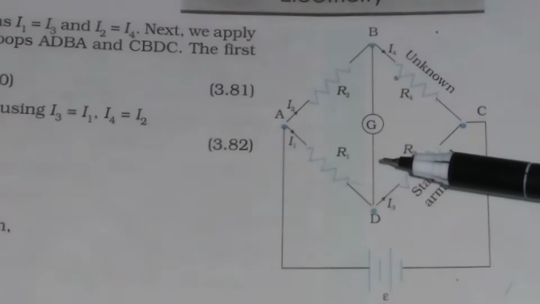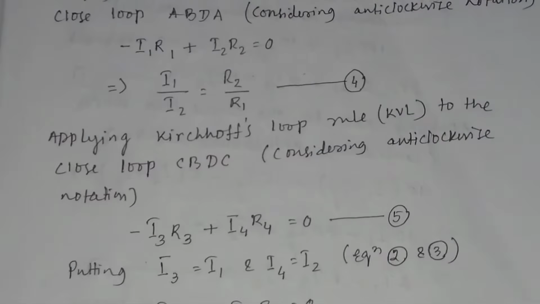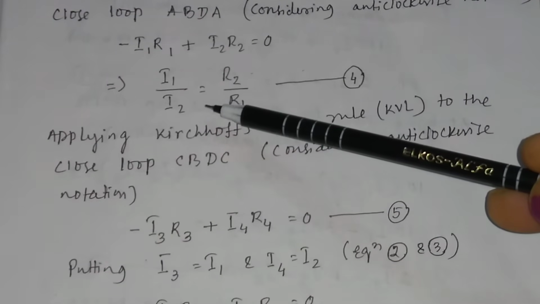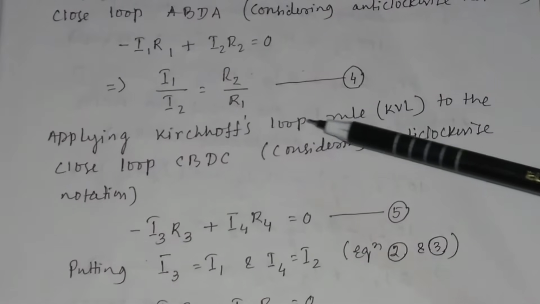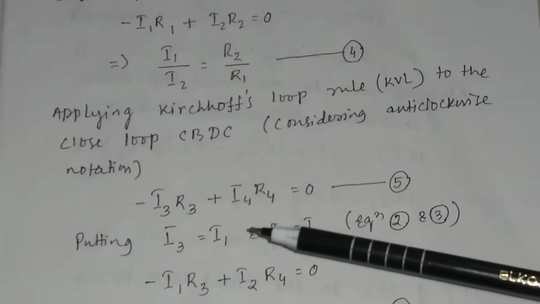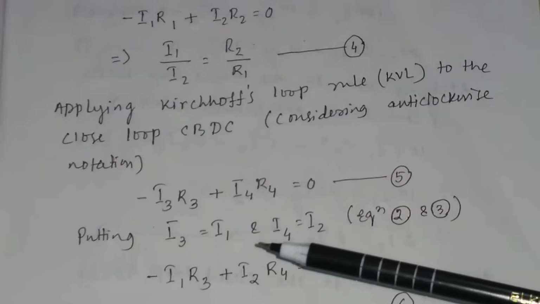So the equation will be minus I3 R3 plus I4 R4 equal to 0. So you will have two equations: I1 divided by I2 equal to R2 by R1, and for the loop CBDC you have minus I3 R3 plus I4 R4 equal to 0.